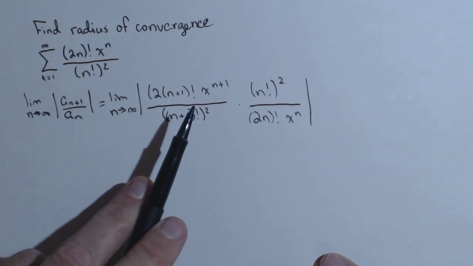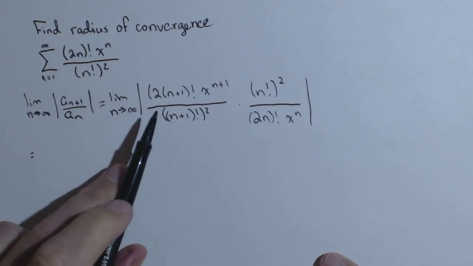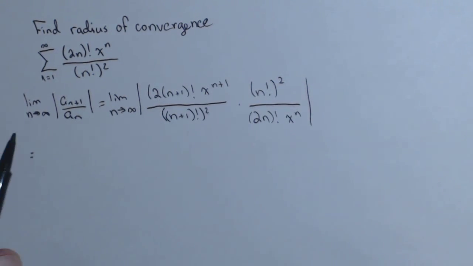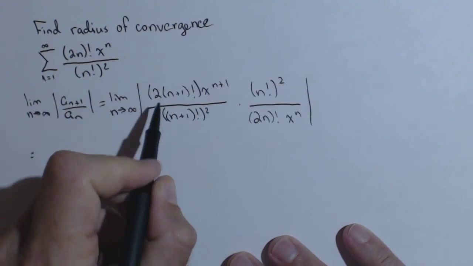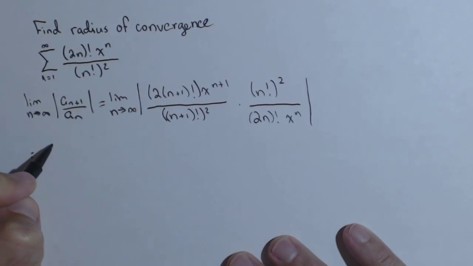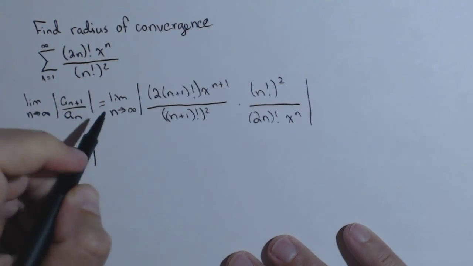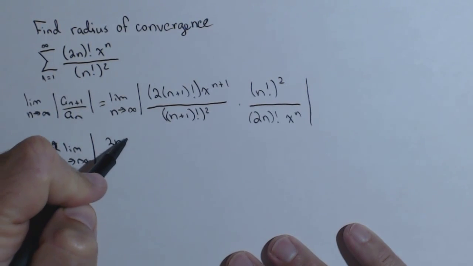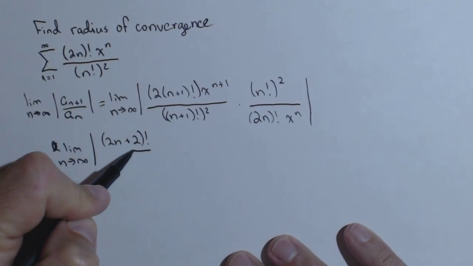Okay, now we'll do a little bit of rearranging and then the rest will be algebra. So let's put in our limit as n goes to infinity. 2n plus 2 factorial.